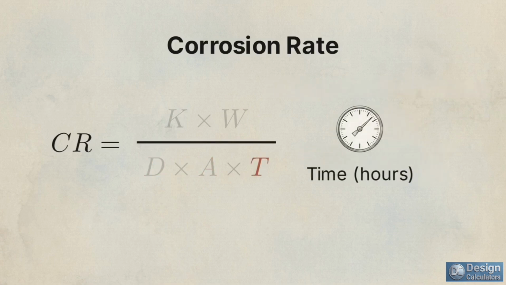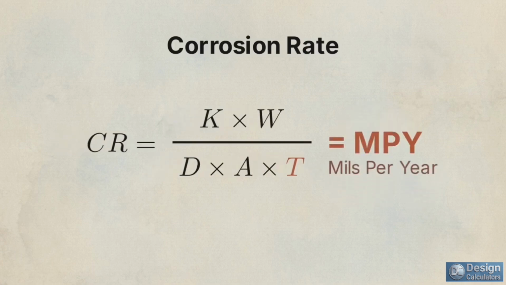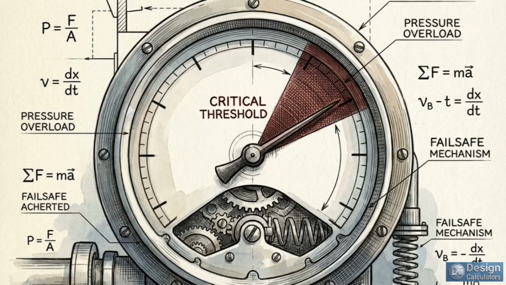D is the material's density, A accounts for the exposed surface area, and T is the total time spent in the hostile environment in hours. Run the numbers, and the output is measured in MPY, or mils per year. 1 mil represents a thickness of exactly 1,000th of an inch. Calculating the MPY establishes the definitive speed limit at which a specific material decays.